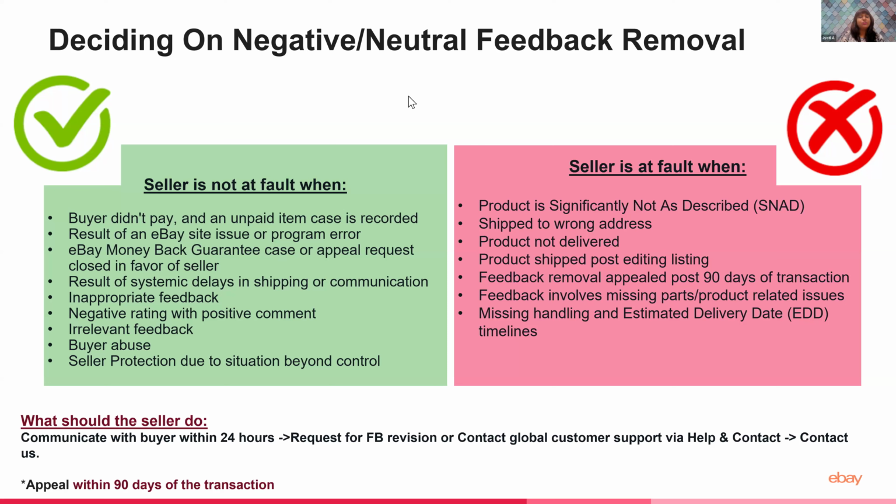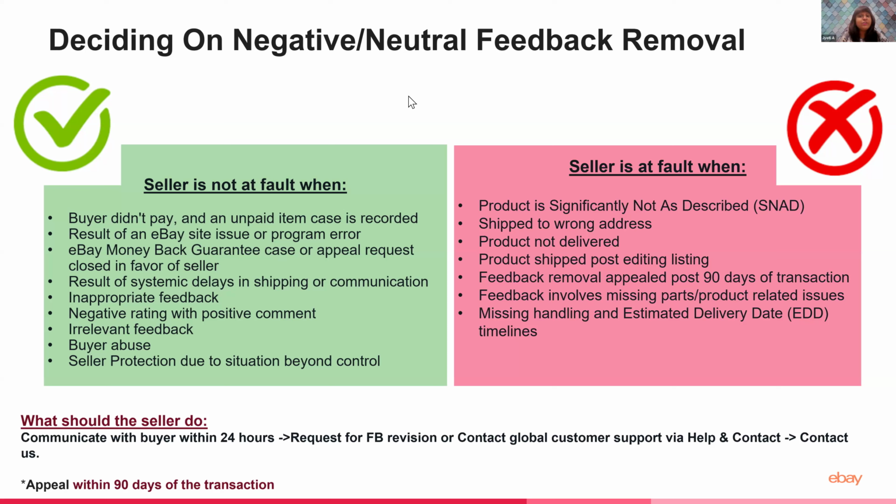That way your message will come to the eBay customer support team and they can definitely help you. But when you feel that you are not at fault, it is important that you appeal for the negative or neutral removal within 90 days from the date of transaction.